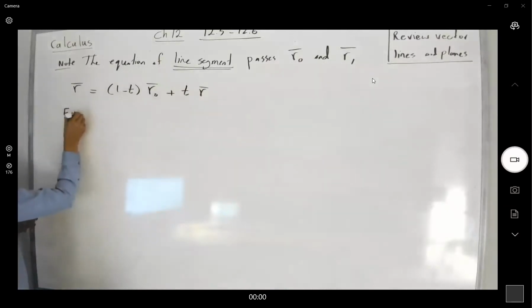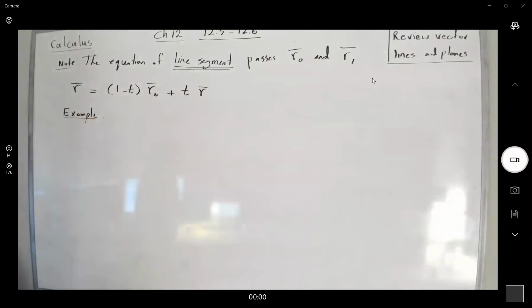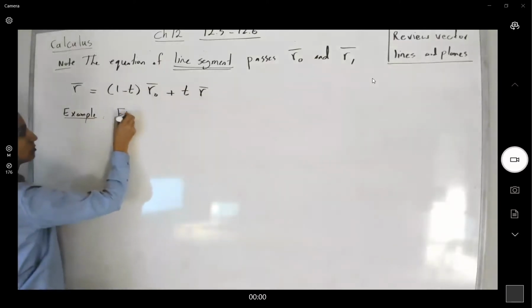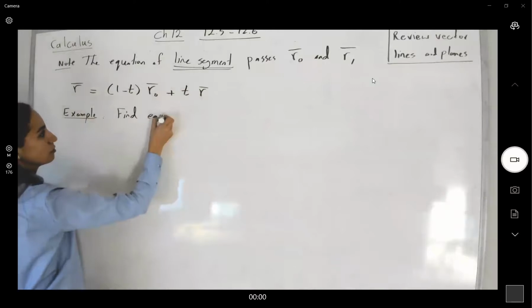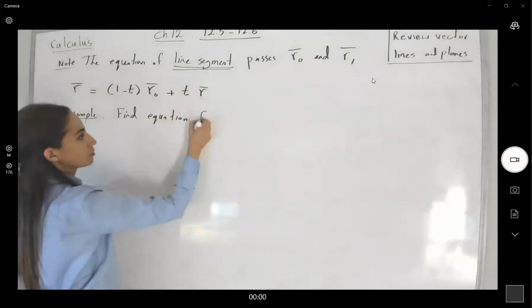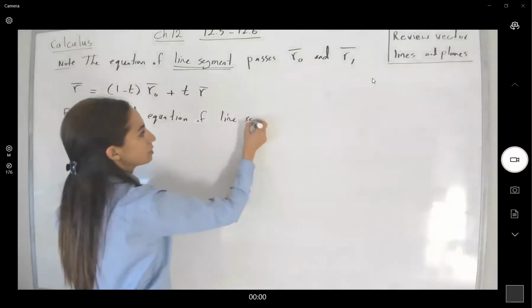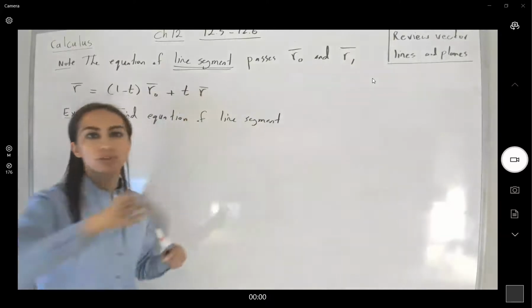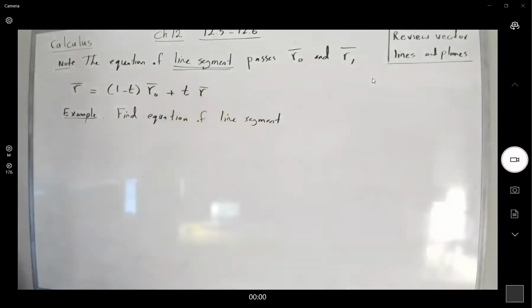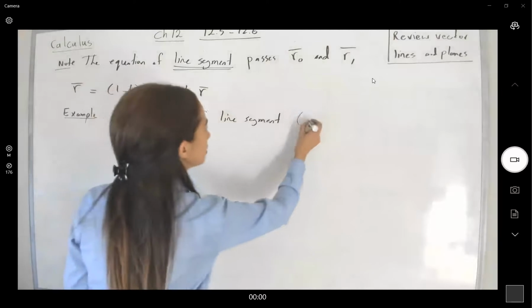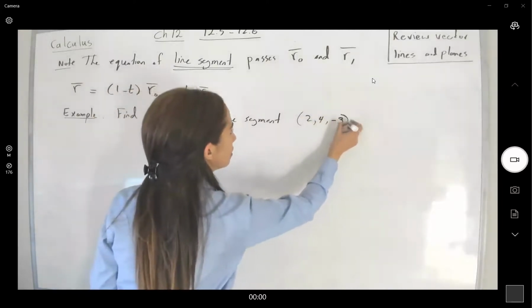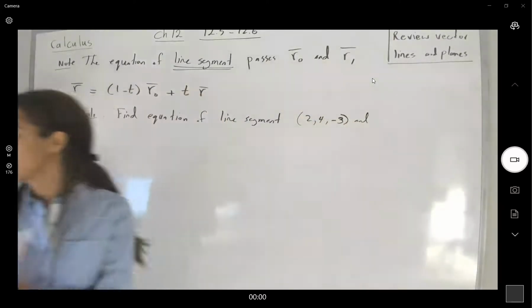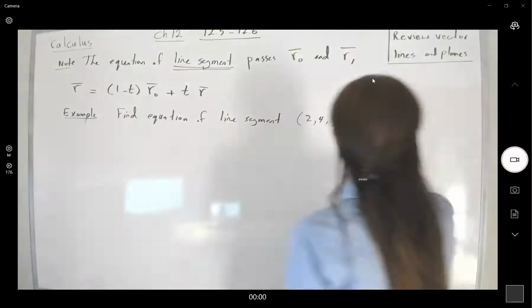Quick example for you. If the question says, hey, find the equation of the line segment that passes through the previous 2 points, 2, 4, negative 3, and the other one is 3, negative 1, and 1.